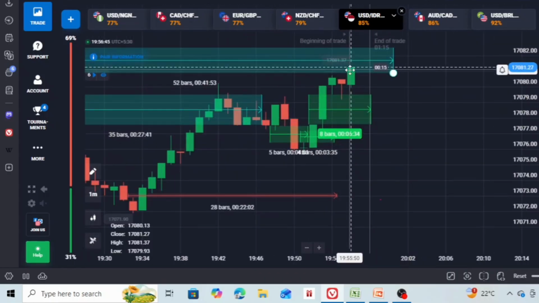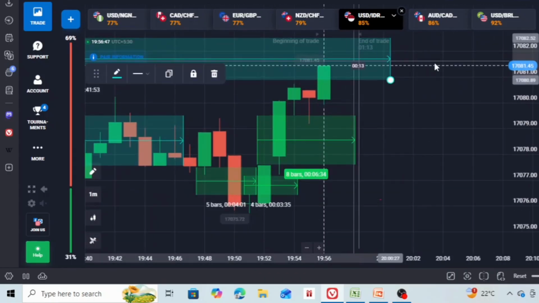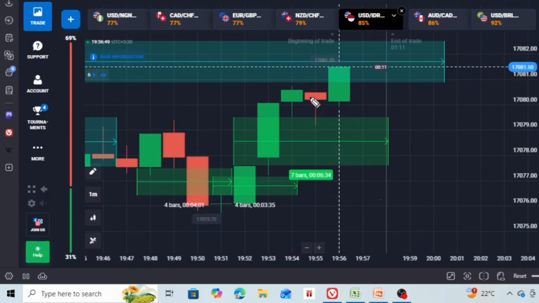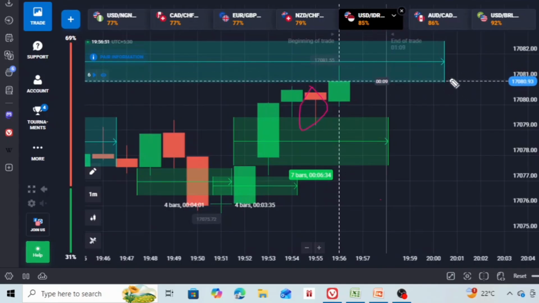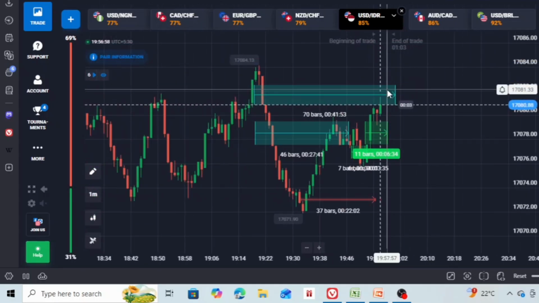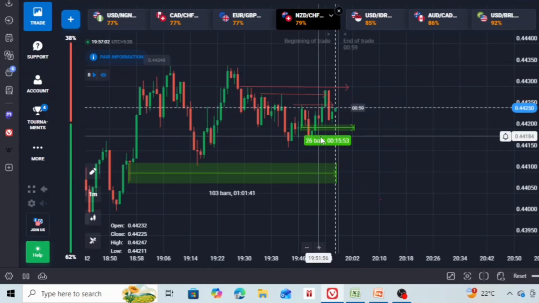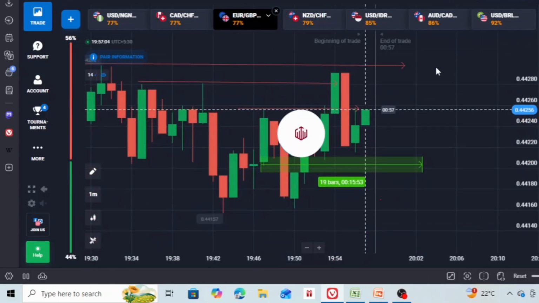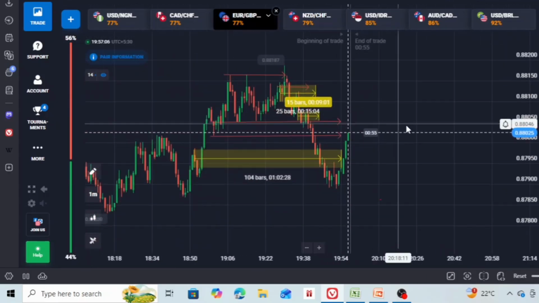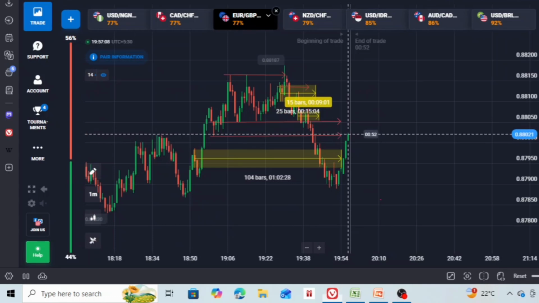So see, it has mitigated the extreme gap like we expected, but we lost on this candle. So see, it has mitigated this extreme gap, and then the price is moving to the upper direction now.